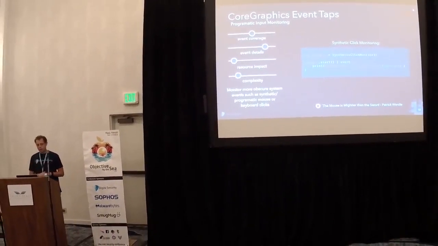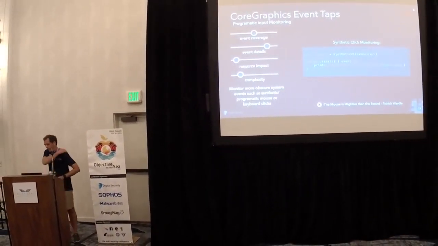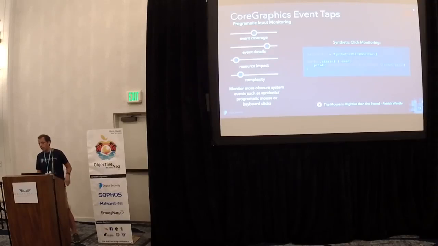Again, not going too technical with all of this today. The code will be out there soon. This is utilizing the CGEventTapCreate API to get access to click events and keyboard events. And then we can look at those events and say, hey, this was not a user that clicked this, or this was a programmatic click that was on there.